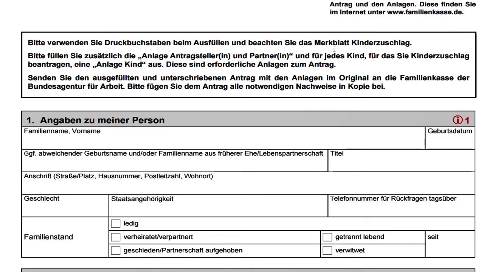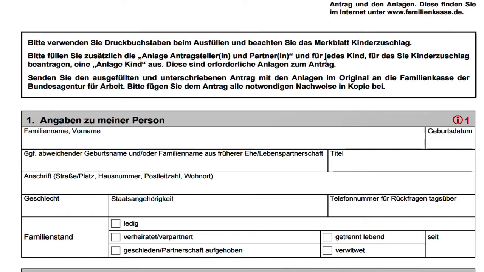Or you can download it from the website of the Familienkasse or Bundesagentur für Arbeit. And they've also asked you to please fill in the attachment Applicant and Partner, or Anlage Antragsteller und Partner.